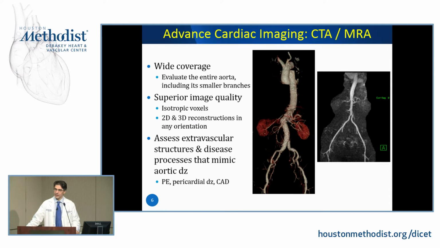You can see all the branches, all the side branches. You can manipulate these 2D and 3D data sets with post-processing, which is very helpful. And then finally, because it's got large fields of view, you can actually evaluate structures that are perfused by the aorta, and so they therefore diagnose disease processes in other organs as well.